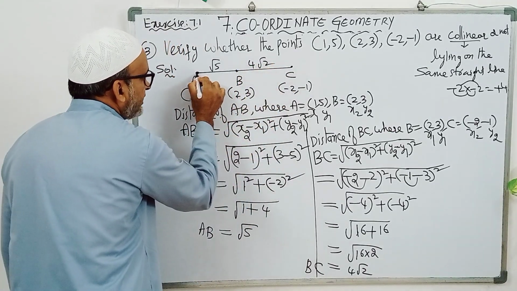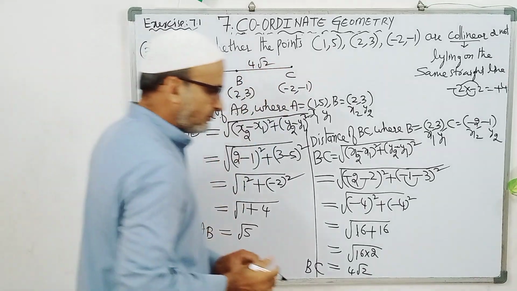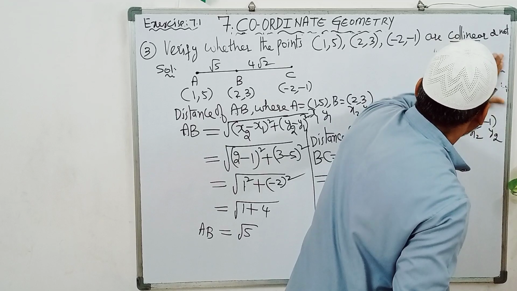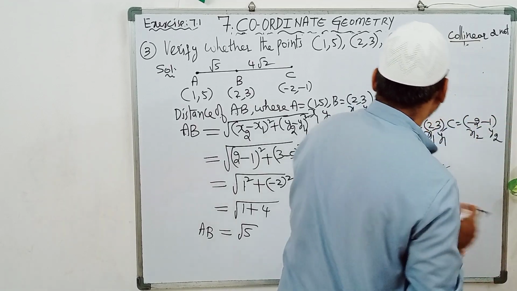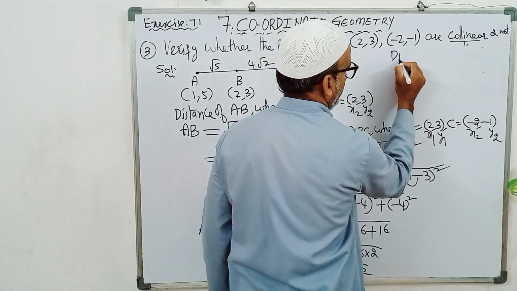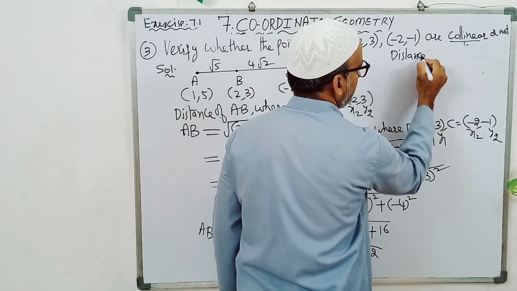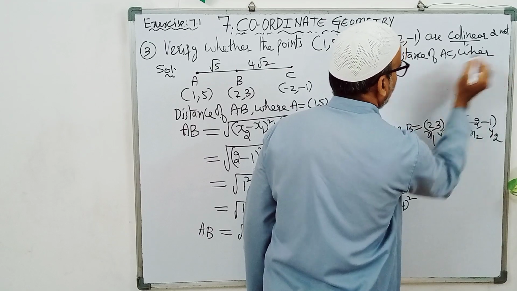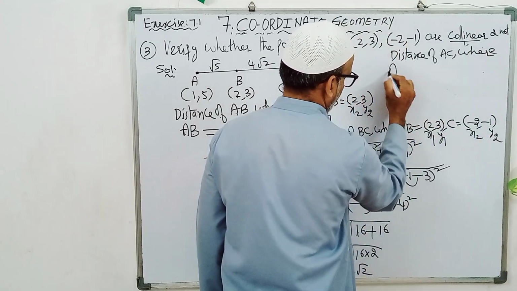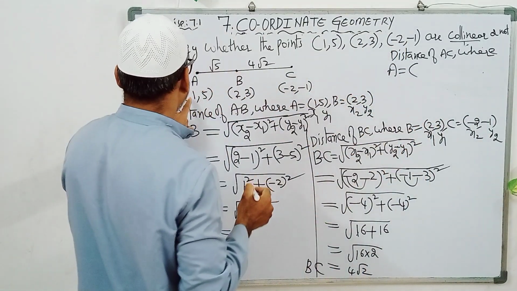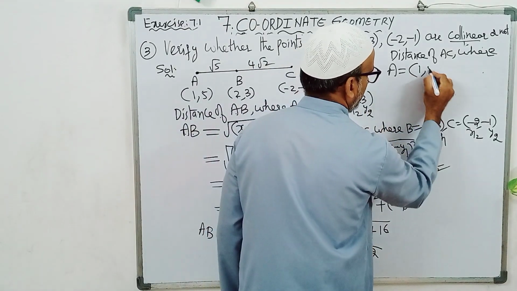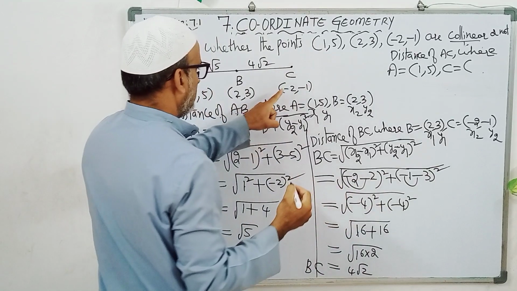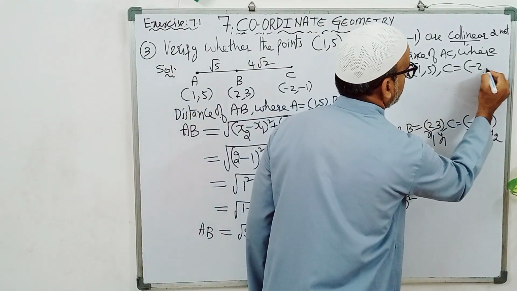Now you find the distance of AC, where A is equal to 1 comma 5 and C is equal to minus 2 comma minus 1.